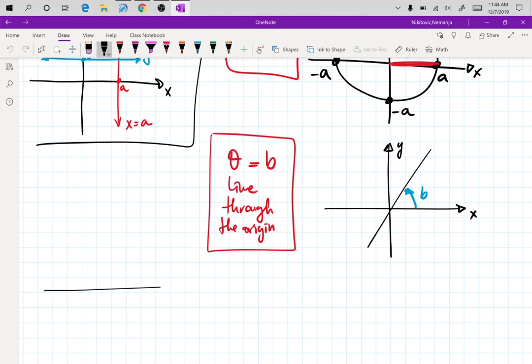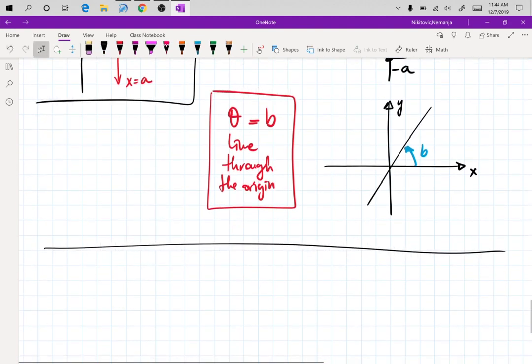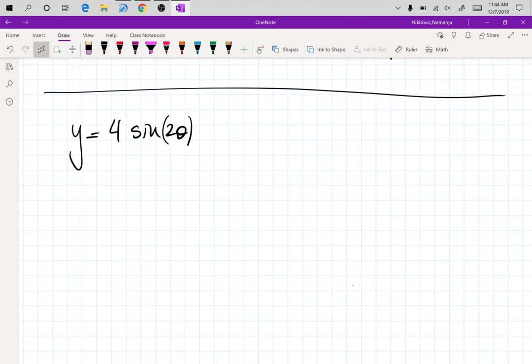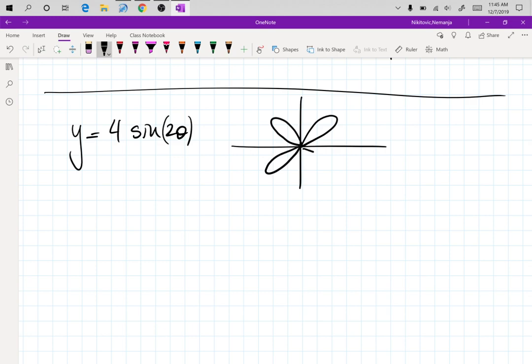Now, to further solidify this, we're going to take a look at r equals, let's say, 4 sine 2 theta as a function. Now you are getting a 4-petal flower. If you are to graph this, you are going to get a petal right there, another one right there, another one right there.